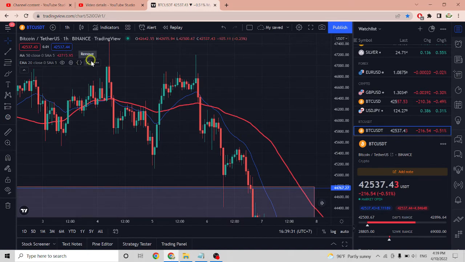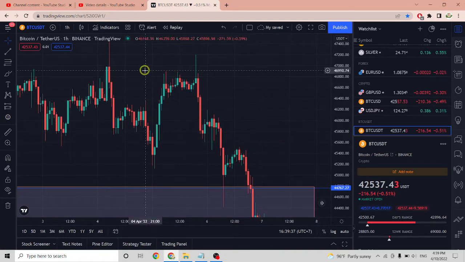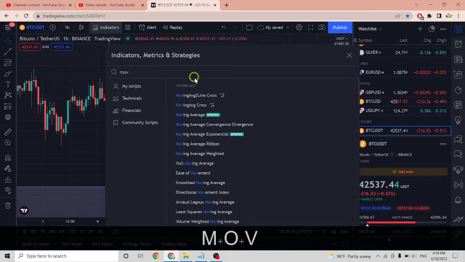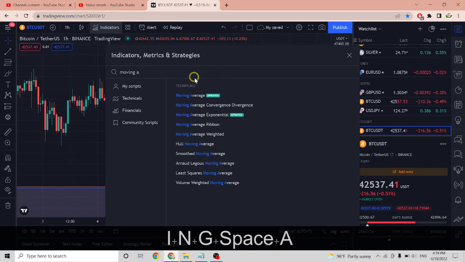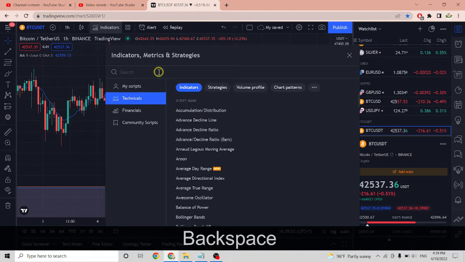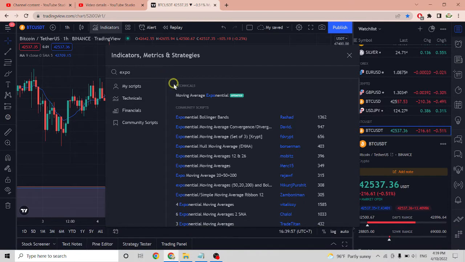I can add it again. When you open your TradingView, it will show like this. Go to the indicator here and set MA, or moving average. Click here and it will come up here. One more is EMA, moving average exponential.